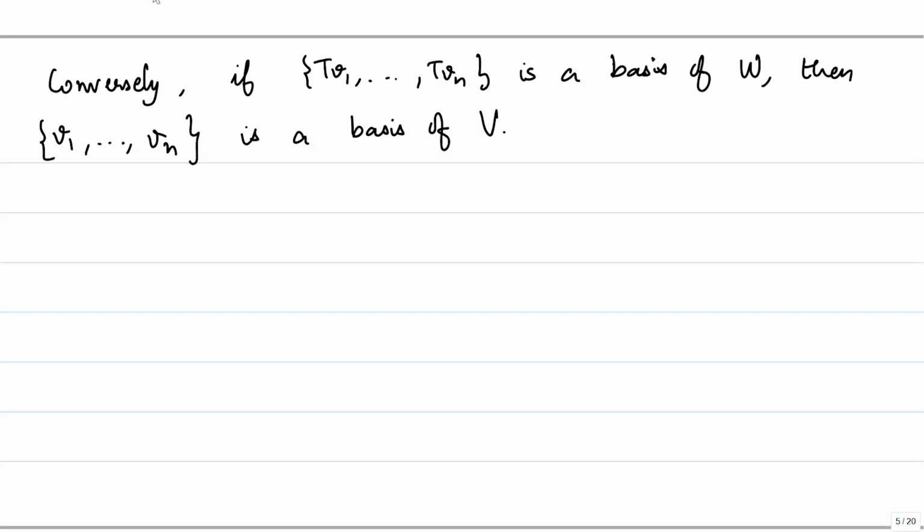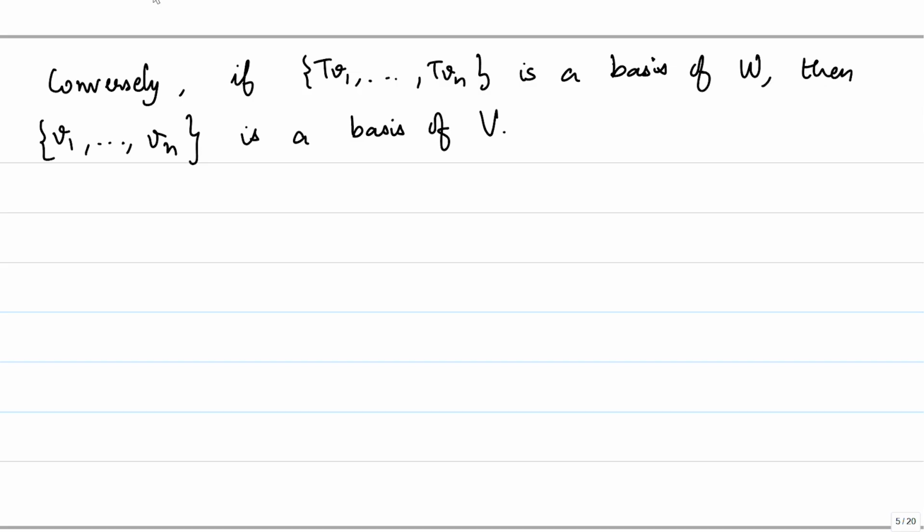Typically, when we want to define a function from a set to another set, we have to deal with what the value of the function is at every point of the domain. So if f is from X to Y, to describe f, we will have to talk about f of x for every x in capital X. What we will now do is see that in the case of a linear transformation, that is not needed at all.